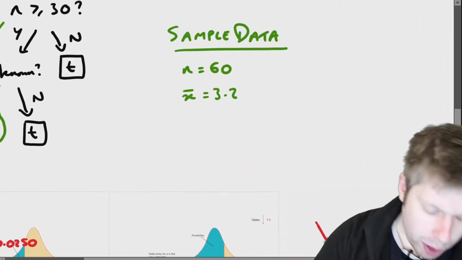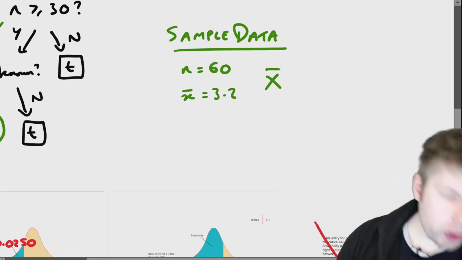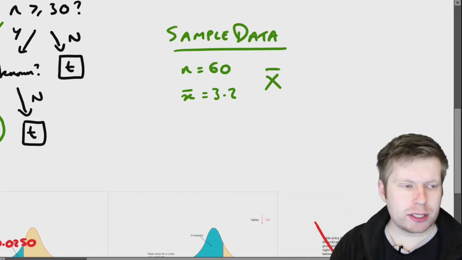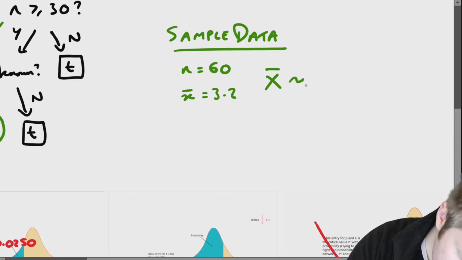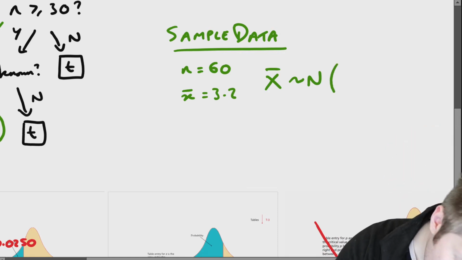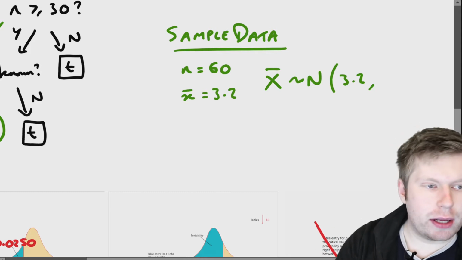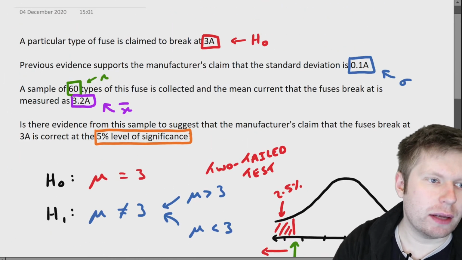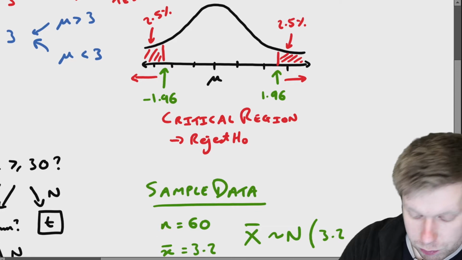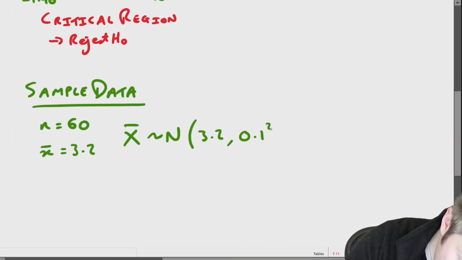Okay, so just remember, I'm first of all going to write down my distribution. So I know it's going to be normally distributed, but I'm going to use all 60 fuses put together to create a distribution. So I know that the mean of those 60 fuses is still going to be normally distributed. I've got my sample mean, which is 3.2, and I've also got my variance, because I can use my population standard deviation, which is 0.1, so my variance is going to be 0.1 squared.